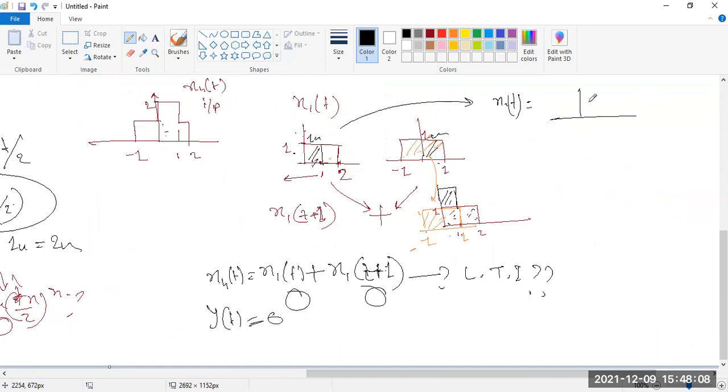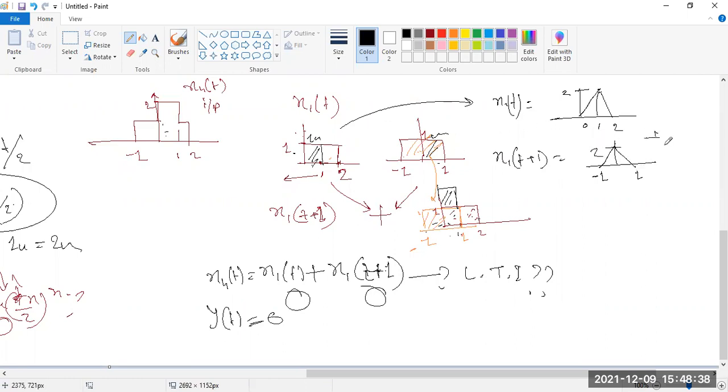So your output will be, here is 2 and here is 1, here is 0, here is 2 for the x1. And this is time shifted, one time shifted. So x1 of t plus 1, if I get the output of this, then it will be just like this, because this is coming here, this is coming here, this is also 2.